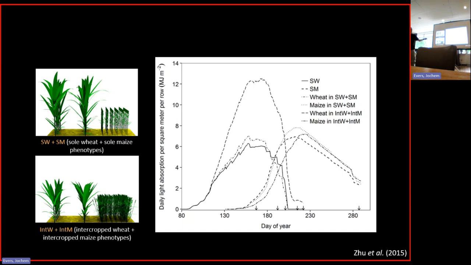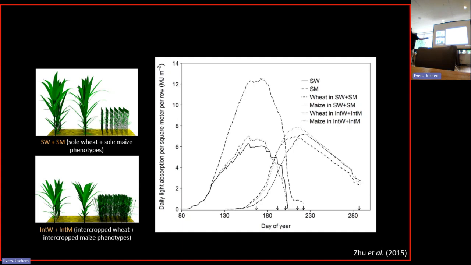For wheat in the sole crop, that is the uninterrupted line here. Then the dashed dotted line is for the sole wheat phenotype in the intercrop situation, so a little bit more light capture. And this dashed line is for the intercrop phenotype wheat in an intercrop situation. And this difference is simply massive.